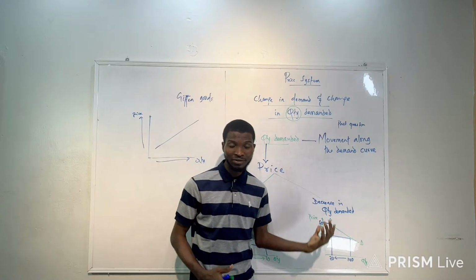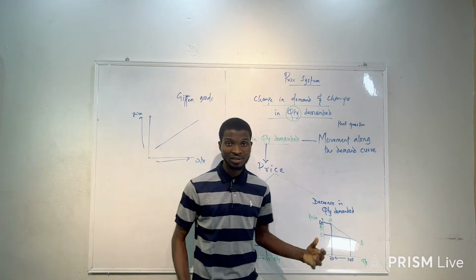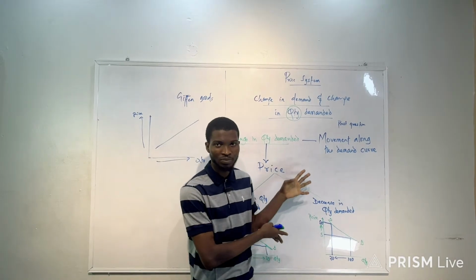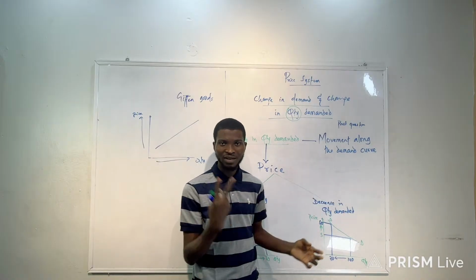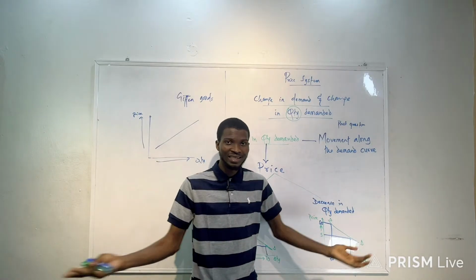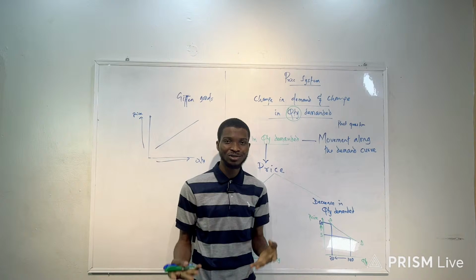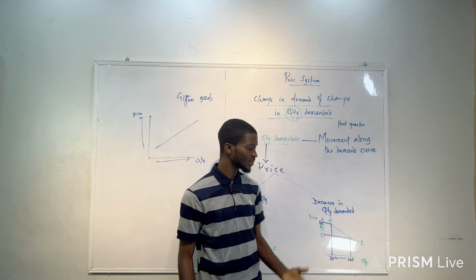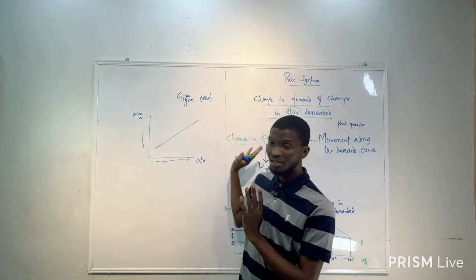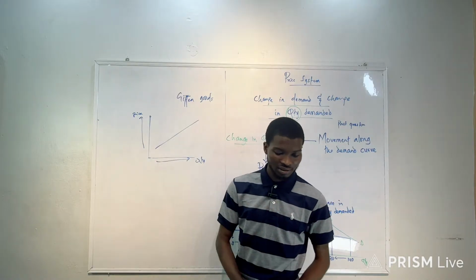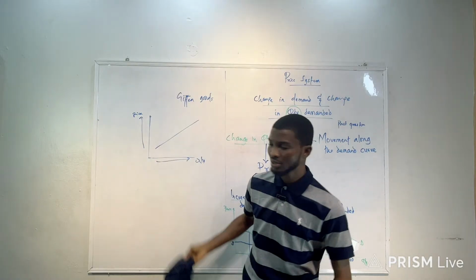If I were to put up definitions and still draw all of this, it is most likely a page already. It means that if I'm differentiating between this and that, I should be having at least 2 pages. That's why I said 2 pages will be enough to do justice to that question. So what I've just drawn is entirely change in quantity demanded. Now let's go to the next one, which is change in demand.